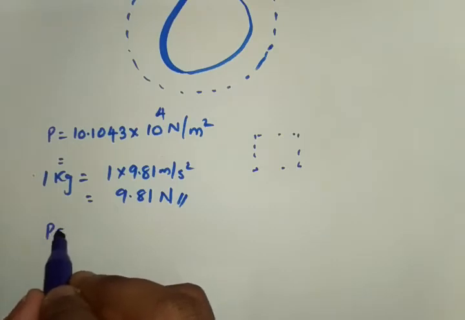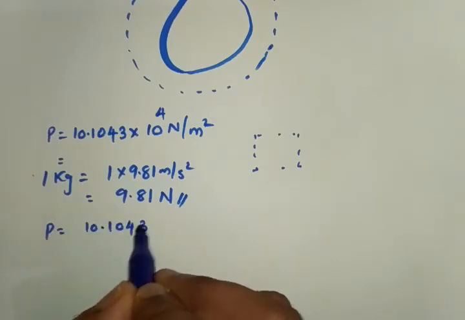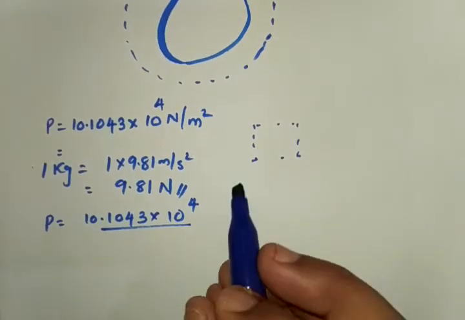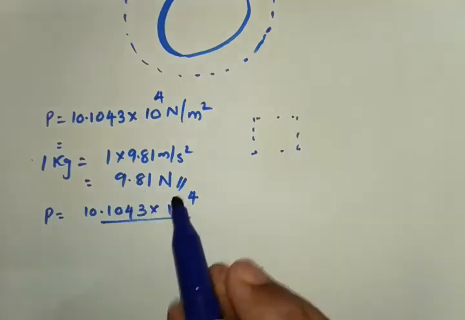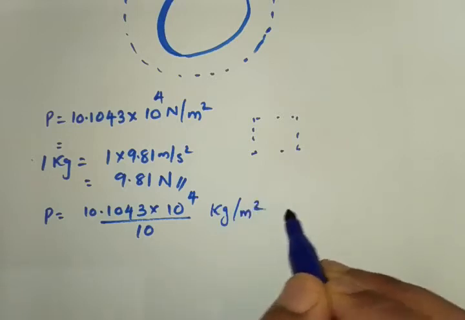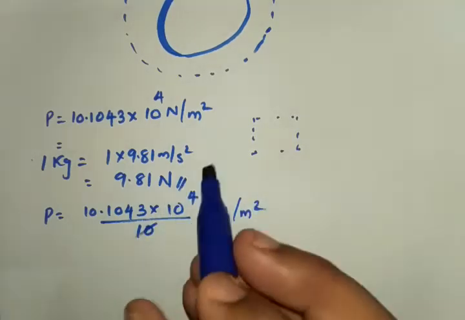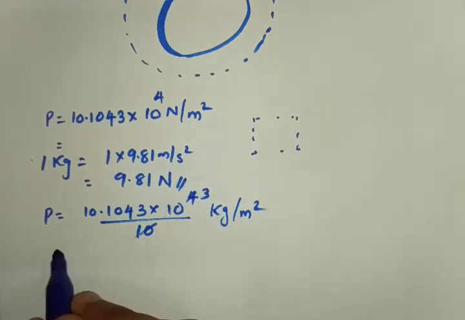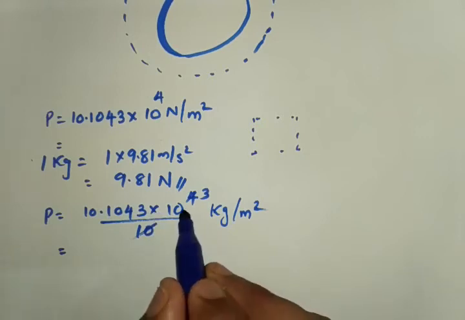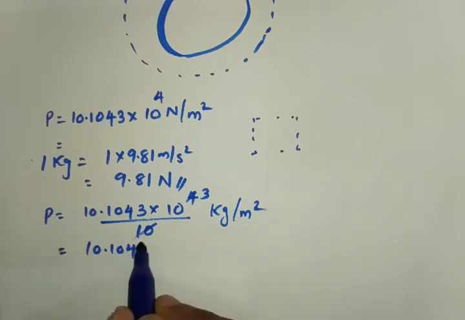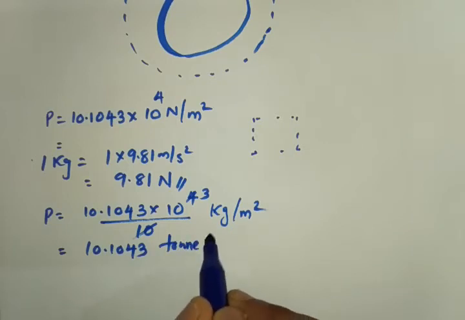So the pressure is equal to 10.1043 into 10 raised to 4 divided by, for the sake of time, let's take the value 9.81 as approximately 10, kilogram per meter square. So the 10 raised to 4 cancels down to 10 raised to 3, and this value is 10.1043 into 1000 kilogram per meter square. So you have 1000 kg as 1 ton, and you get 10.1043 ton per meter square.